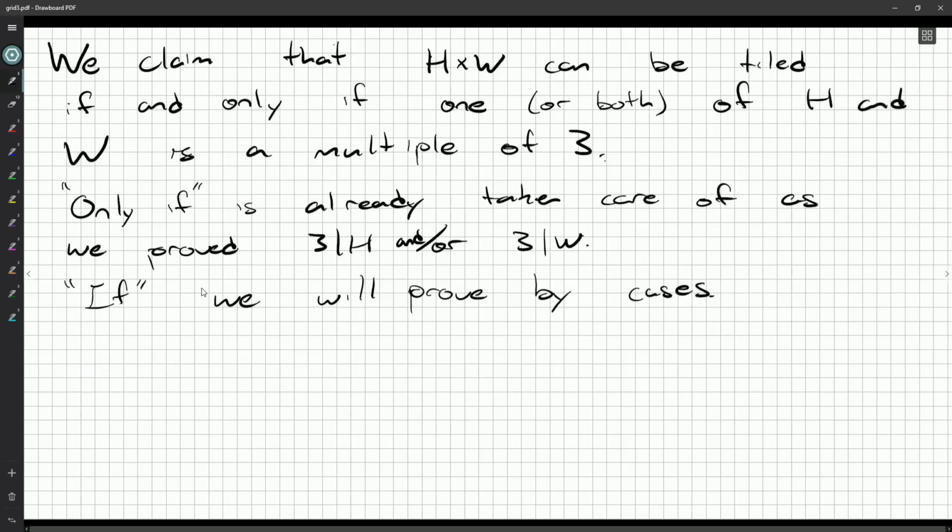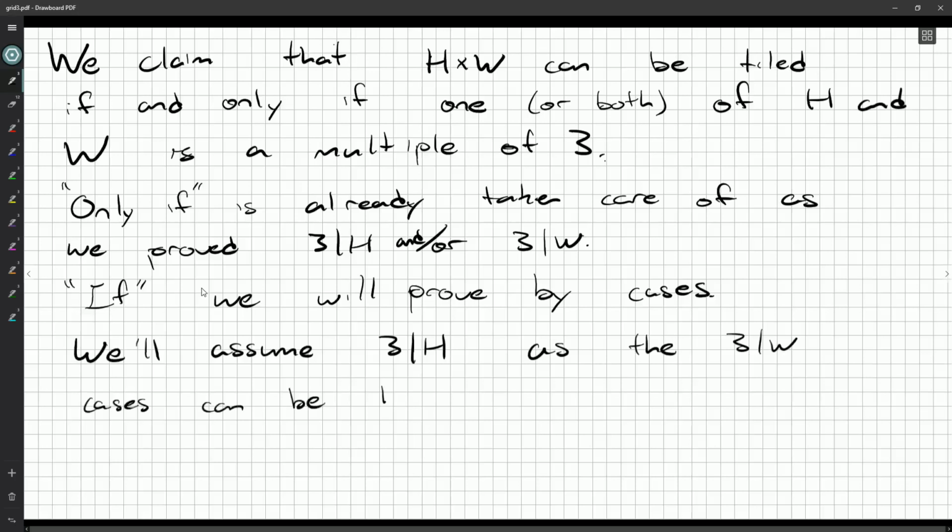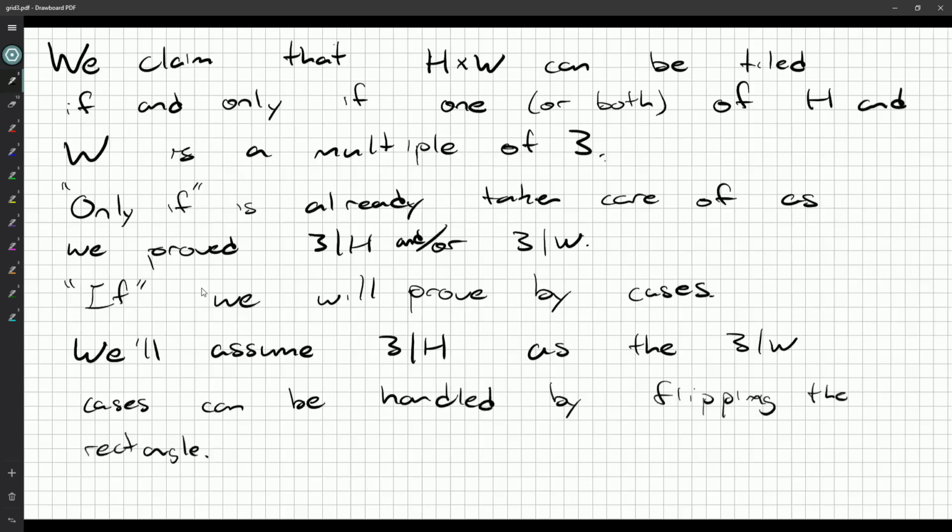But before we do, we'll assume 3 divides h, as the 3 divides w cases can be handled by flipping the rectangle. And what I mean by that, in B we proved that you can do a 6 by 2. So obviously you can do a 2 by 6. You just flip it. Okay. So now this will make writing the cases out a lot easier.